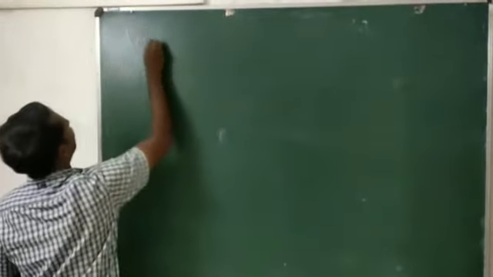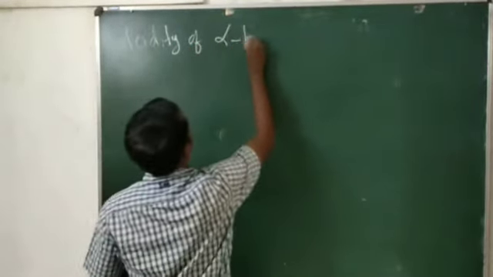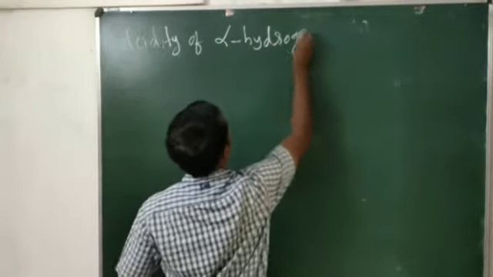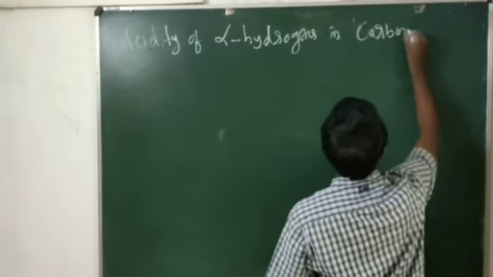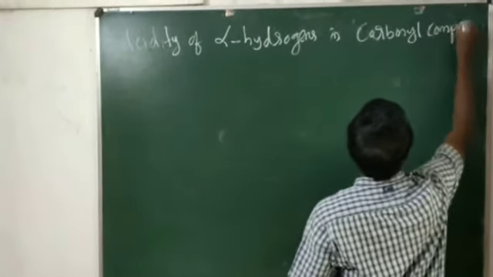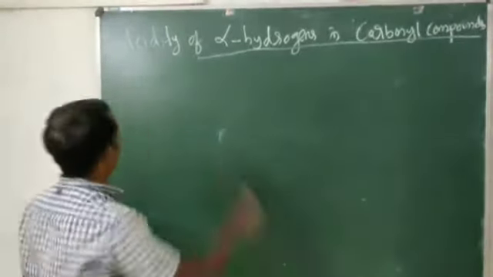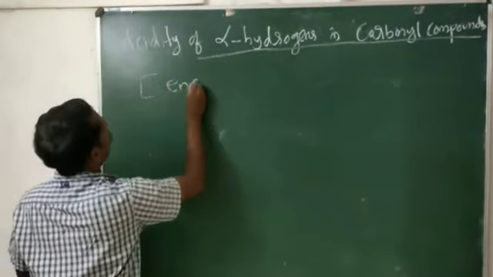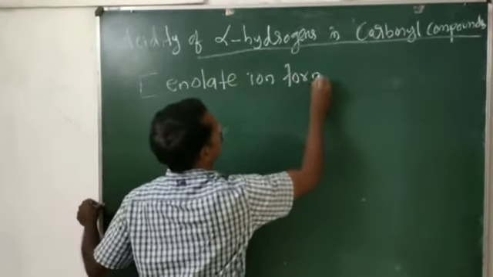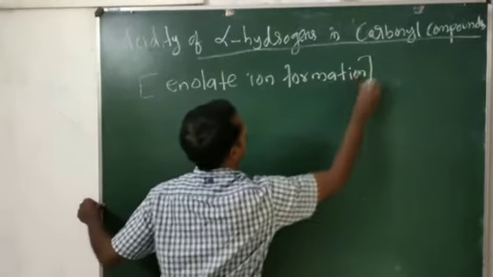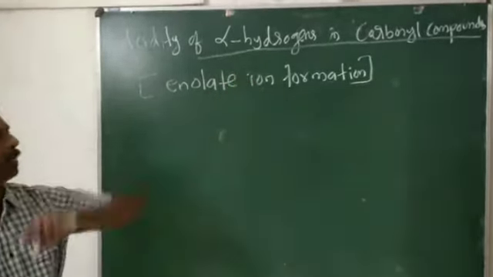Acidity of alpha hydrogens in carbonyl compounds, or another heading we can write, enolate ion formation. Look at it here. This is important: enolate ion formation. Acidity of alpha hydrogen atom in carbonyl compound.